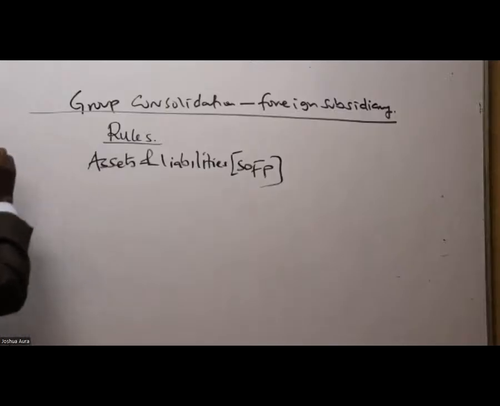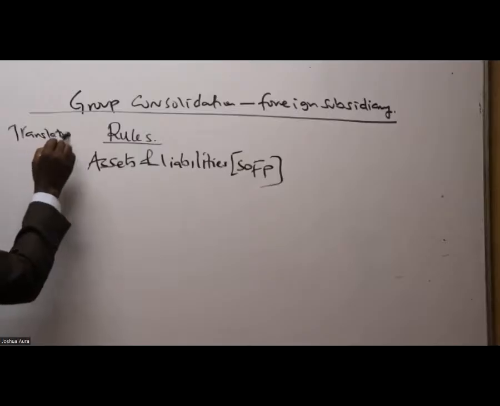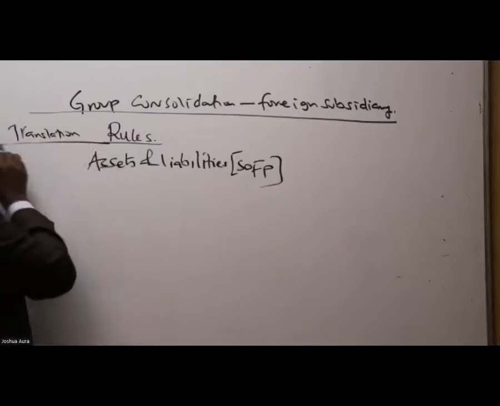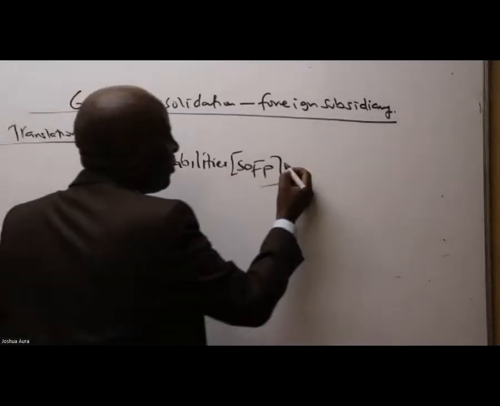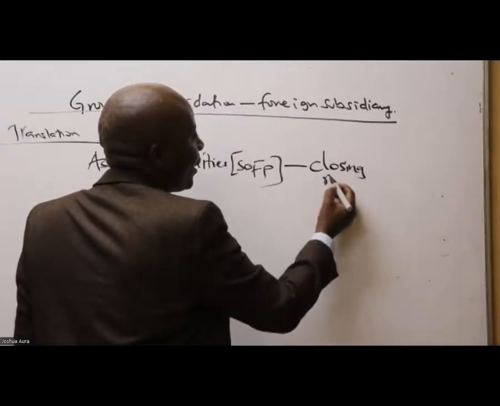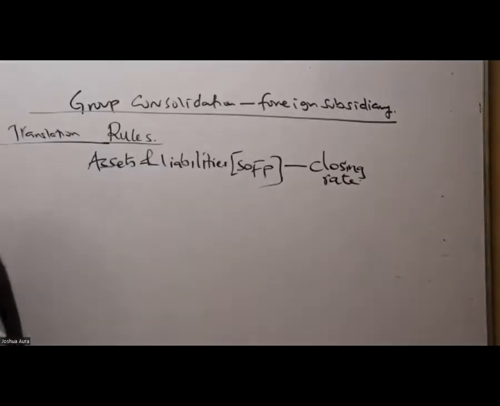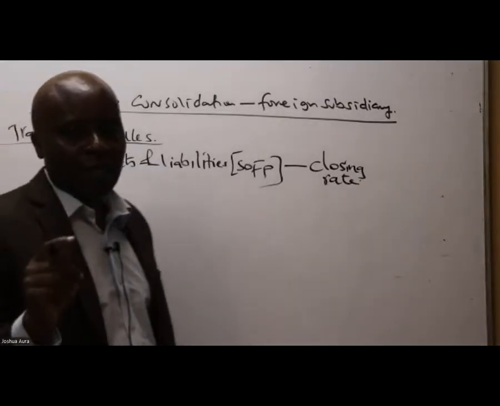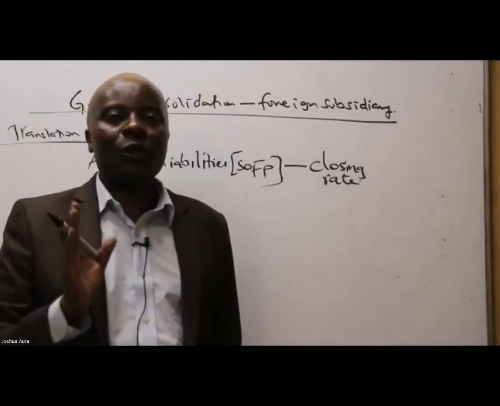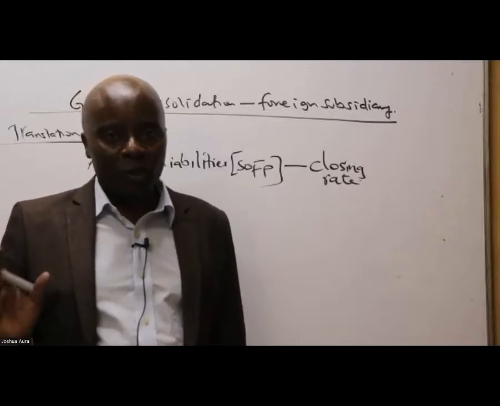So assets and liabilities, we shall always be translating them at the closing rate. Closing rate is the rate which exists at the end of the year, at the end of the financial reporting period. End of the year, closing rate.